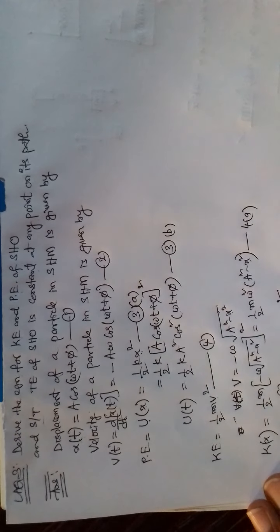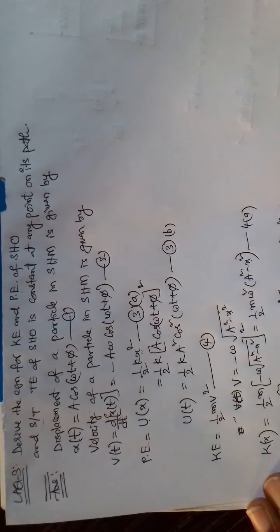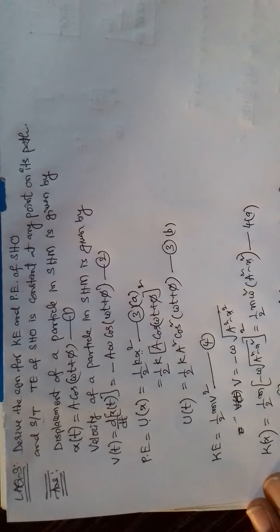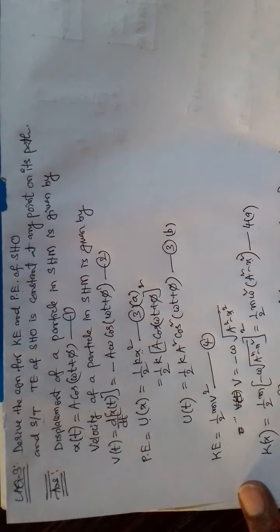Here we get half m omega square a square cos square(omega t plus pi). See now, in this expression for kinetic energy, this kinetic energy is now a function of time. So here we have to write T, and so this is 4b.